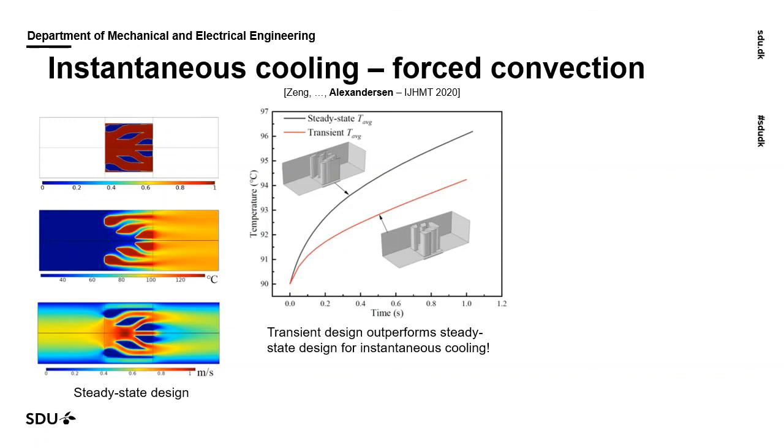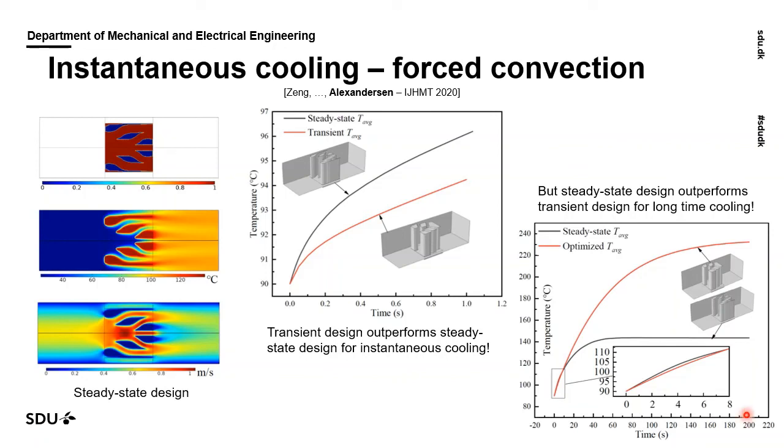So if we compare on the short time scale, our instantaneously optimized design vastly outperforms the steady state design. But if we look at the long-term performance, the steady state performance, the steady state optimized design actually performs significantly better. So we get this better short time behavior at the cost of a significantly worse long time behavior.